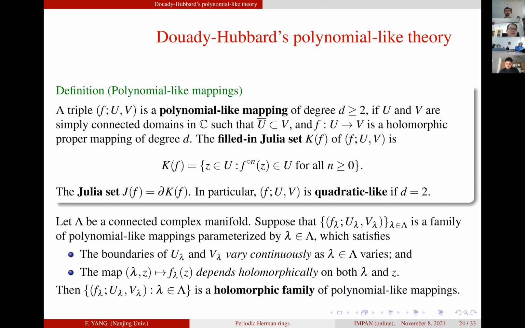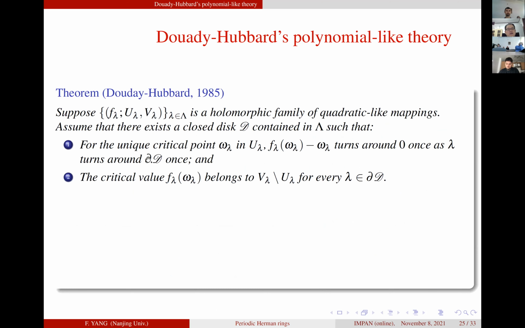Douady-Hubbard's result says that if there is a holomorphic family of quadratic-like mappings, and suppose there is a closed disk D contained in the big Lambda, such that, because it is quadratic-like, this map has only one critical point with local degree 2.